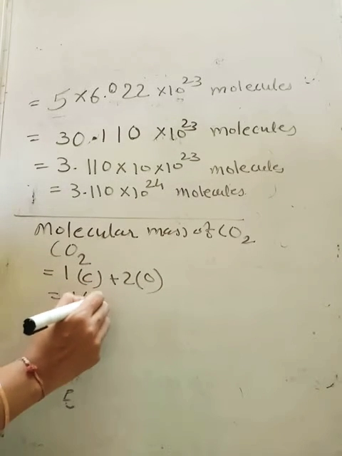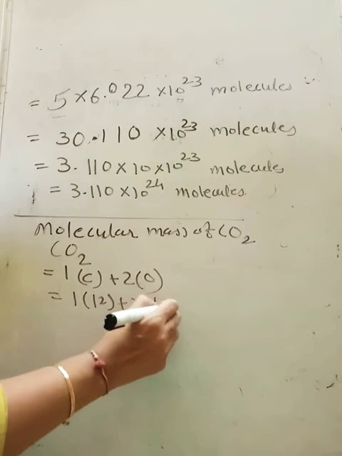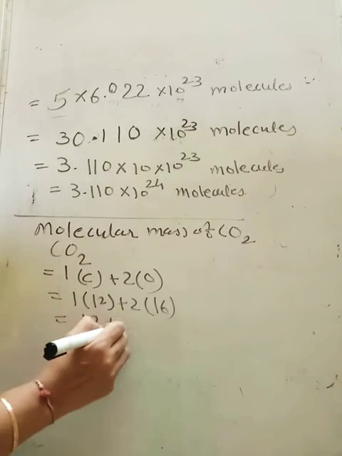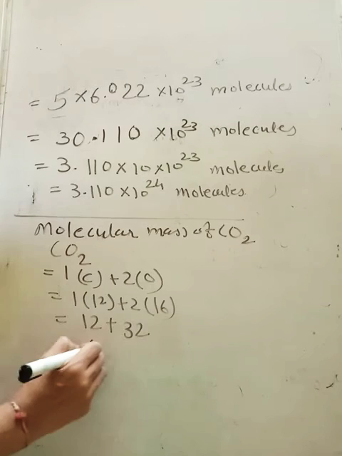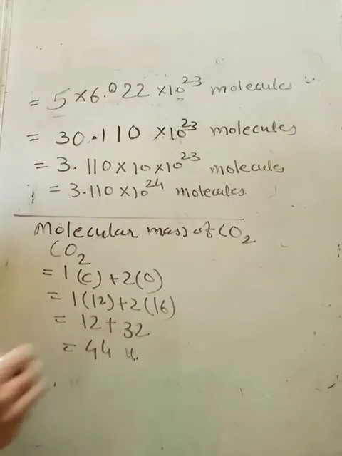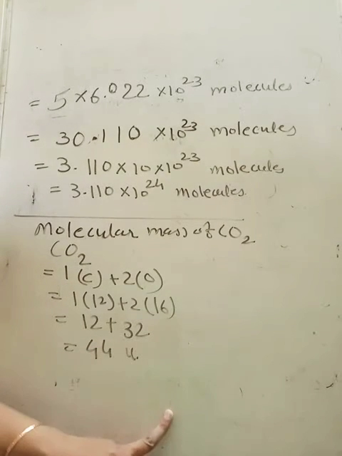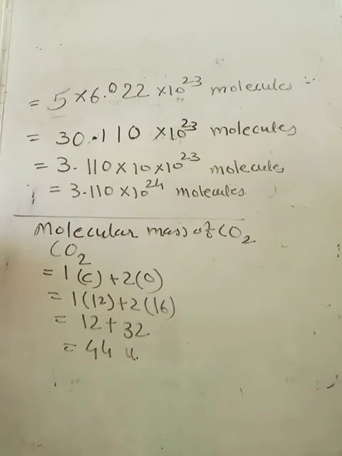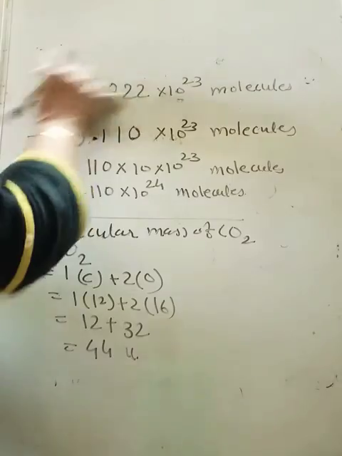So 1 into 12 plus 2 into 16. So that means 12 plus 32, which comes out to be 44. We had already solved this before, 44 had come. Right. So now what argument will you have? 44 grams is 1 mole. Now how much is given to you? 8.8. That is how much? So that way we will do.